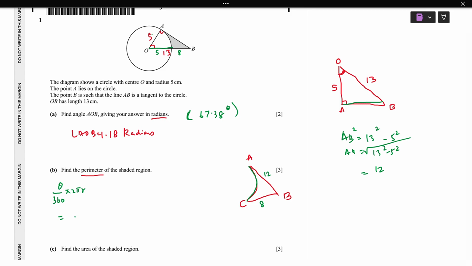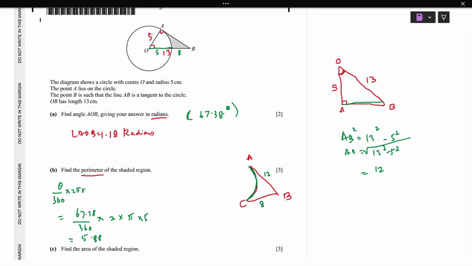So 67.38 over 360 times 2 times pi times the radius, which is 5 here, and you'll get the answer 5.88. So I got this length; this length is going to be 5.88.